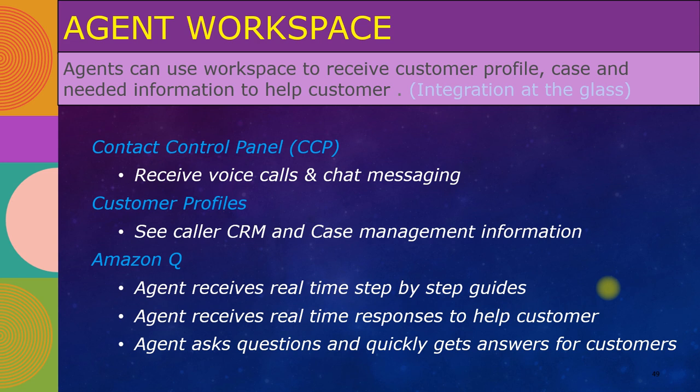This gives us a little bit more to integrate different tools that the agent can use to look up cases, look at the profile information for customers, and actually use artificial intelligence to get step-by-step guides on telling the customer what to do and how to resolve their issue. And it works sort of in real time. Customer could ask questions, and Amazon Q could answer them, and the agent is getting the information and basically giving that to the customer, whatever is needed.